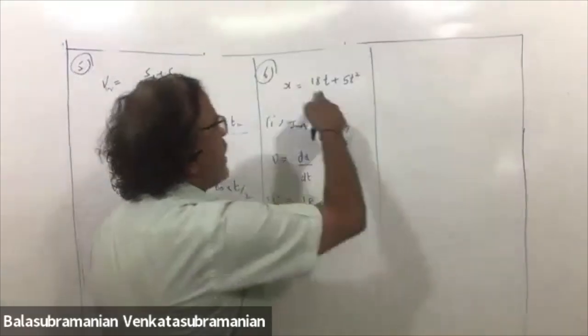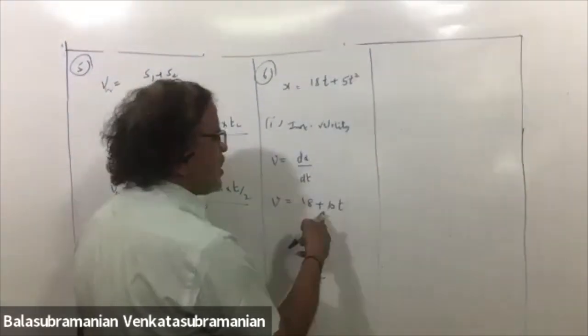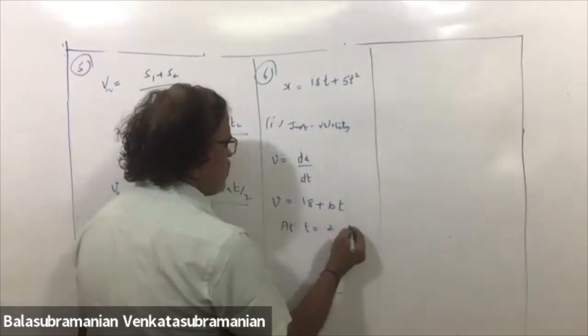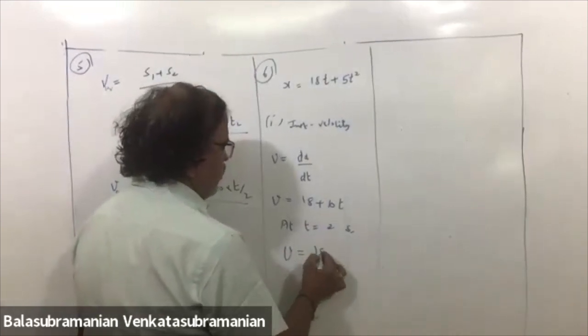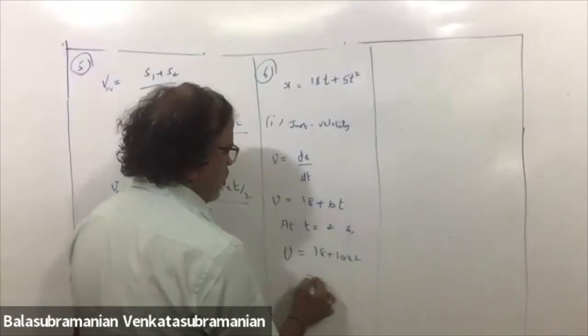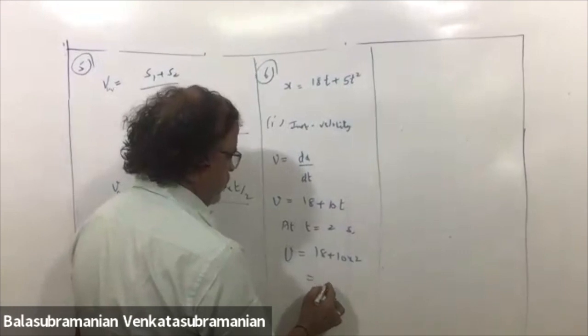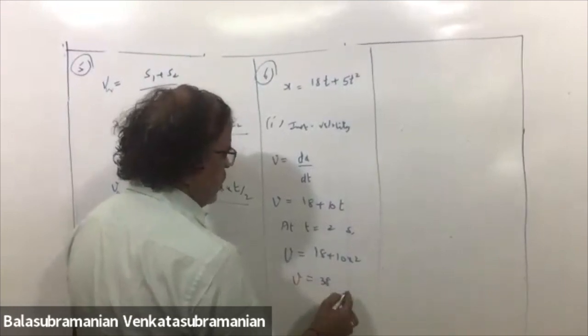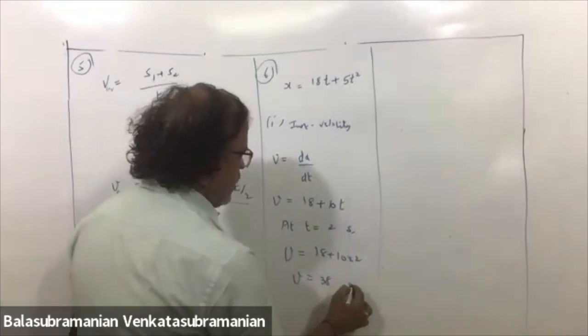You are differentiating this displacement, so you are getting the velocity term. At t is equal to 2 seconds, velocity will be 18 plus 10 into 2, 20 plus 18, 38 meters per second.